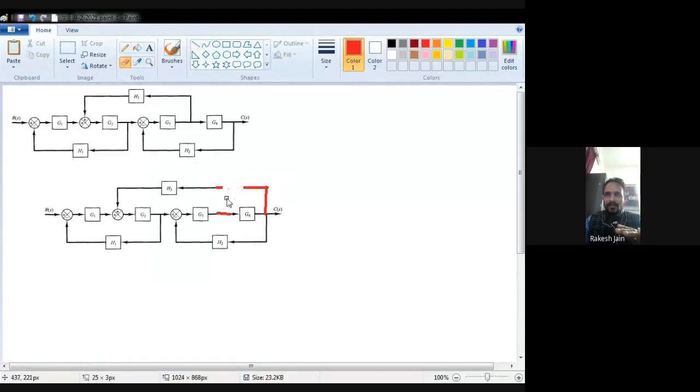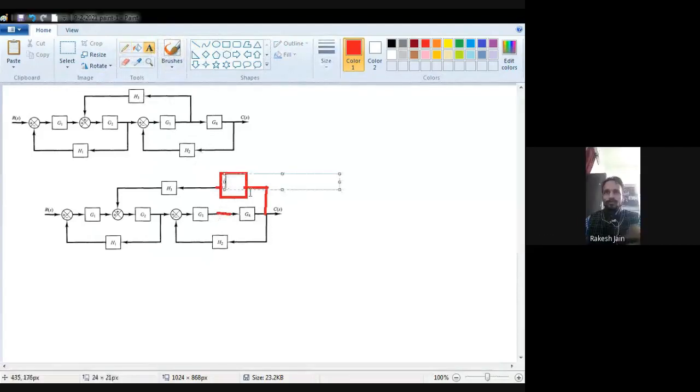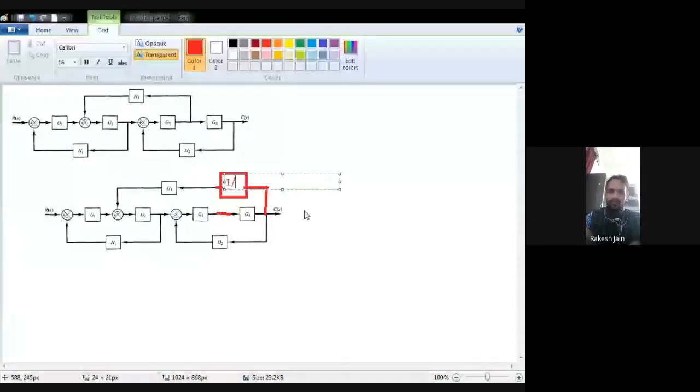Okay, and this line is now directly connected. We can move the pick off point after the block, but the rule is that in between the line the block gain comes in reciprocal. What is the gain of the block after which you move the pick off point? The gain of the block after which you move the pick off point is G4.